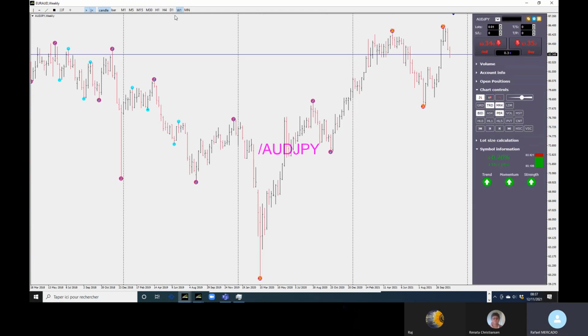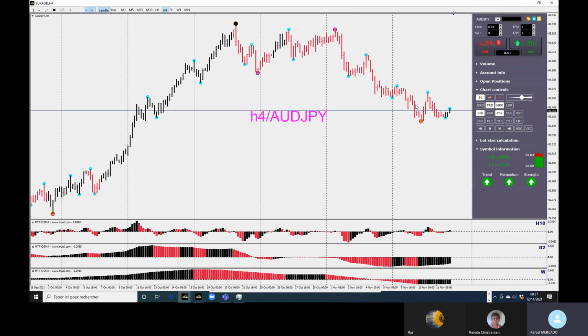If we come back here, we have a 3 ball retracement, and we have a 2 ball, a 1 ball here, but it's not matching. For the moment, this is going up in the direction of these 3 balls.